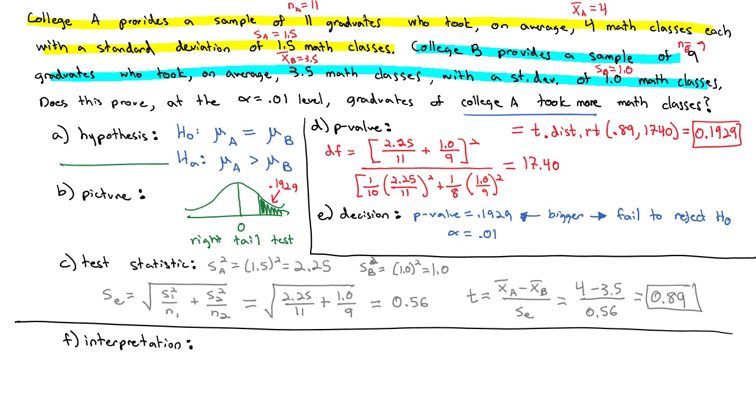The final interpretation always focuses on the alternative hypothesis, putting in context that we failed to get the alternative.